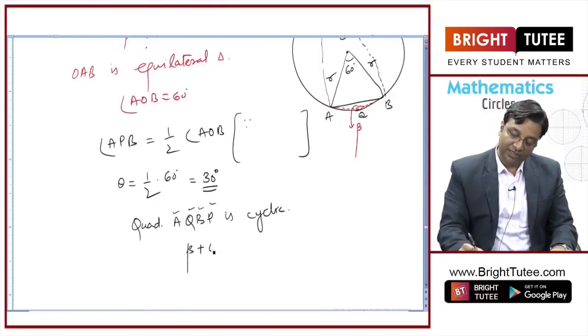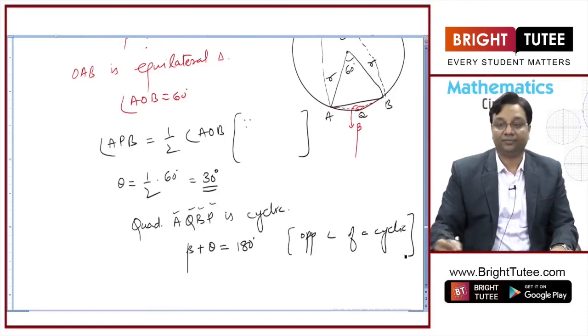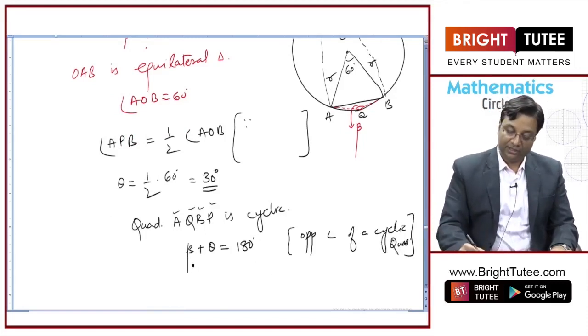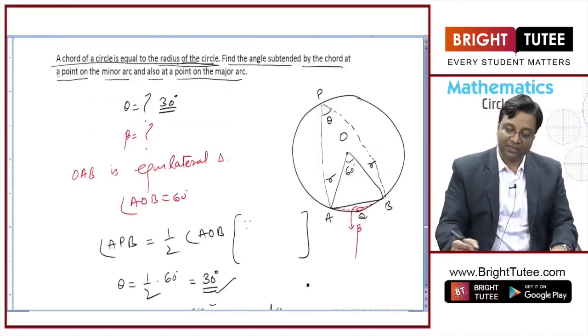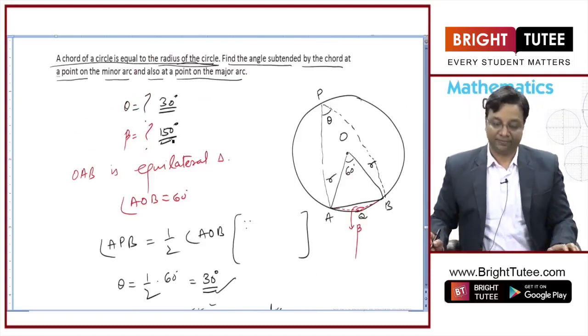So beta plus theta is equal to 180 degrees, opposite angles of a cyclic quadrilateral, right? So theta I already know is 30 degrees, so beta will be equal to 180 minus 30 degrees, that is 150 degrees. So the second part of the question is also done.